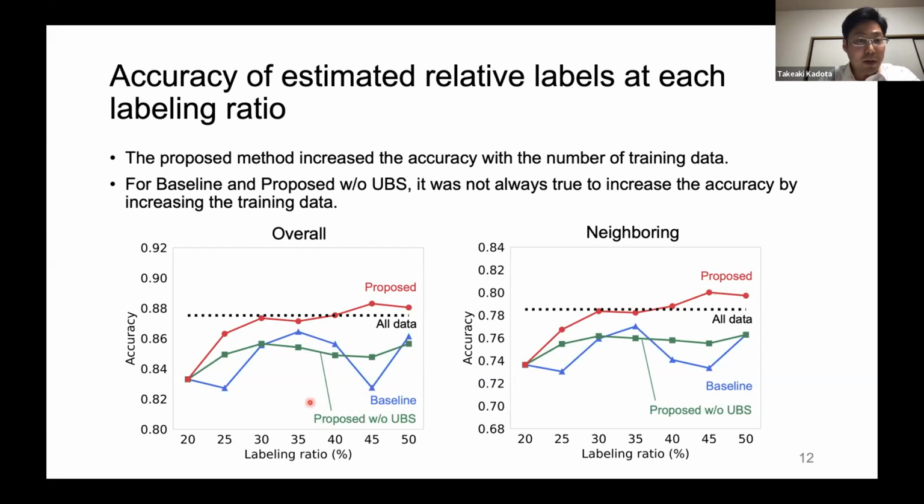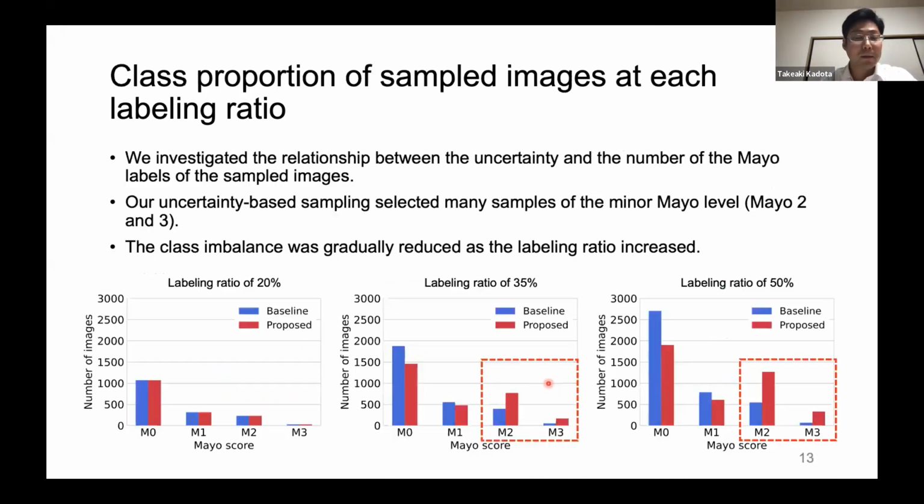In contrast, for baselines and proposed without UBS, it was not always true that accuracy improved by increasing the training data. We consider that our method improved because our uncertainty-based sampling reduced class imbalance.